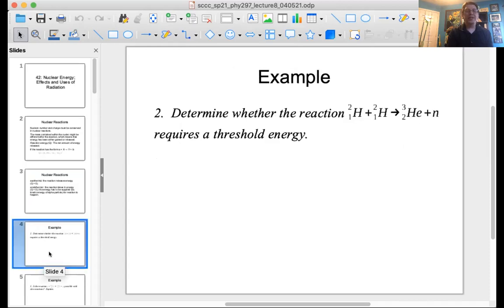So let's start with this reaction. Determine whether the reaction of deuterium plus deuterium, so two deuterium atoms becoming a helium-3 nucleus plus a neutron, requires a threshold energy. So let's set this up. We're going to need appendix F again.